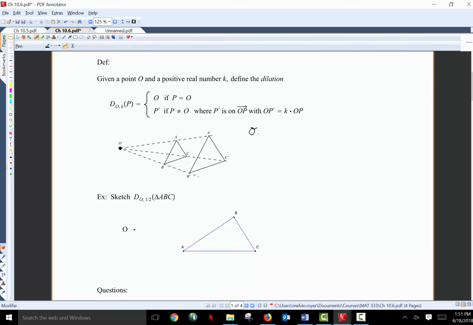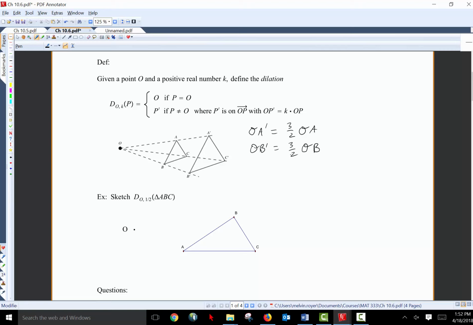So here, OA prime would be about 3/2 times OA, and OB prime would be about 3/2 times OB. And the point is the 3/2 is exactly the same number. And OC prime is 3/2 OC, and so on.